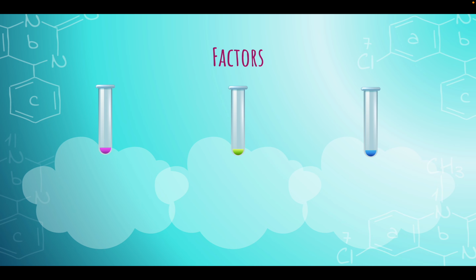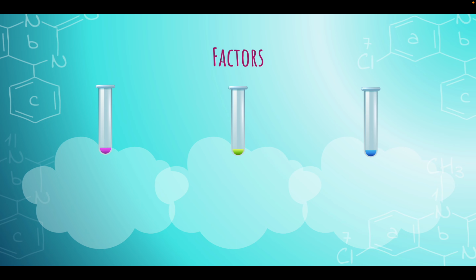So they make reactions more efficient and faster. Catalysts are particularly important in biological reactions, where they are known as enzymes. So we can really associate the word enzyme with the word catalyst.